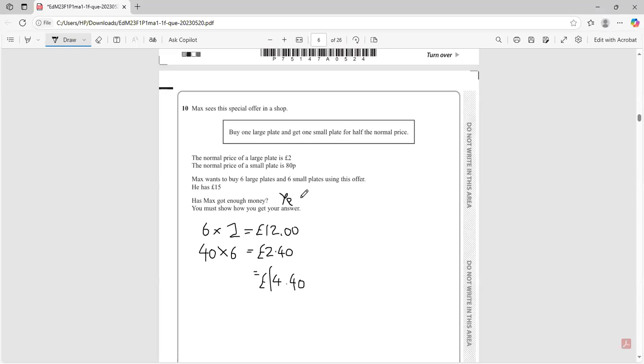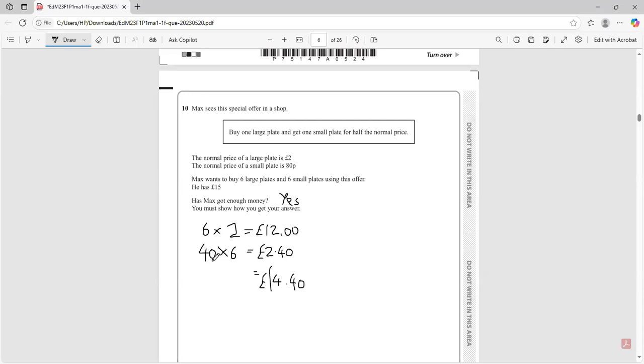All right, so we're moving on to the next question. Are you good with this? Sorry, where did the 40 come from again? 6 times 4 is 24, so 6 times 40 will be 240. No, where did the 40 come from? Okay, so I just converted, it's in pence, right?